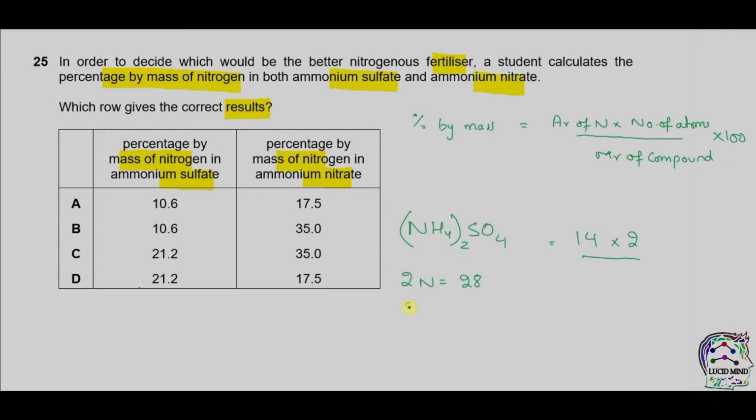We have 8 hydrogen atoms, so it will be 8. 1 sulfur, which is 32. 4 oxygen, 16 into 4 is 64. Adding them all together, we have 132. So we can use the formula. The MR of compound will be 132 into 100. So in ammonium sulfate, the percentage of nitrogen comes equal to 21.2%.